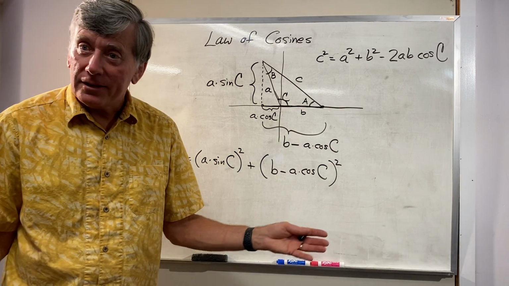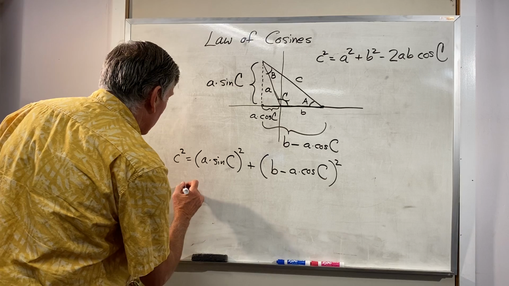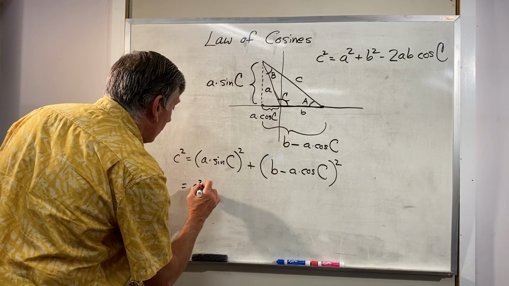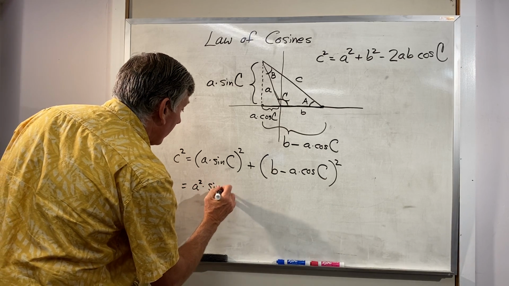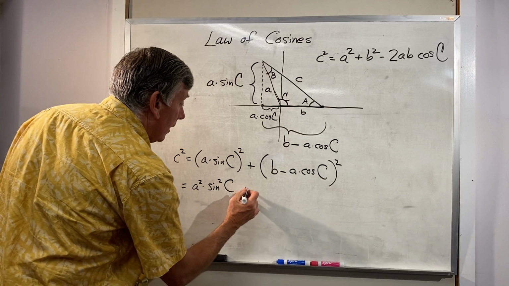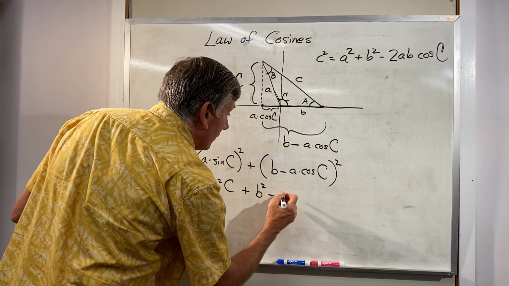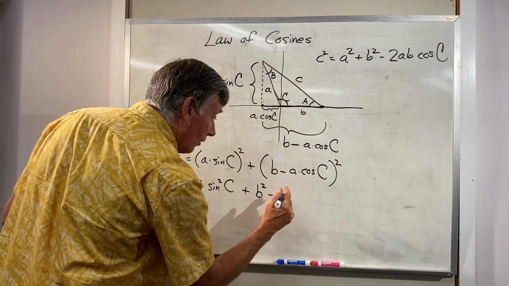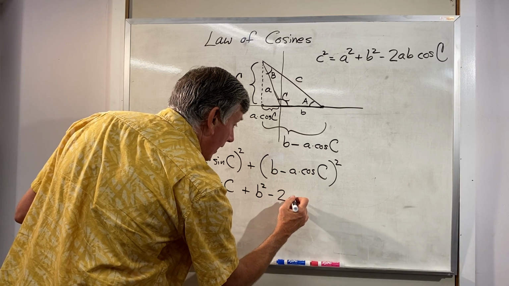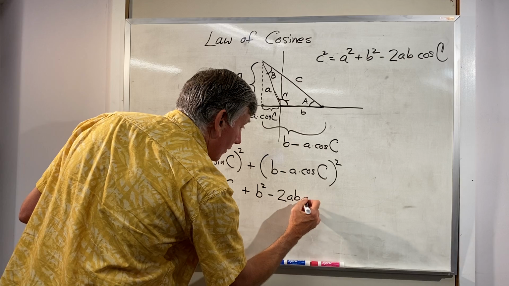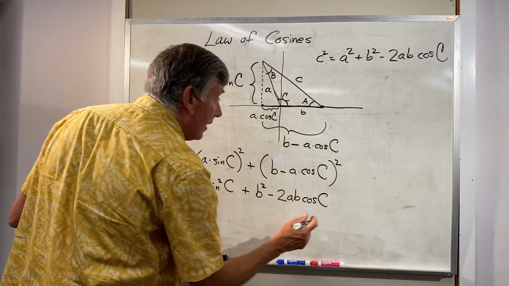Now I'm going to expand it out. That's equal to A squared times the sine squared of C. This is equal to B squared minus, I'm going to have two of these now, 2AB times the cosine of C.